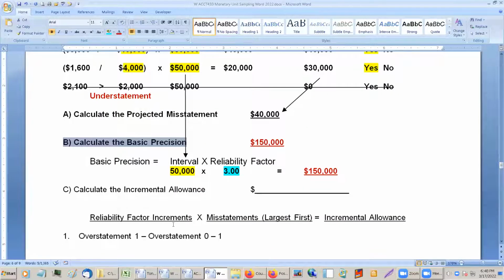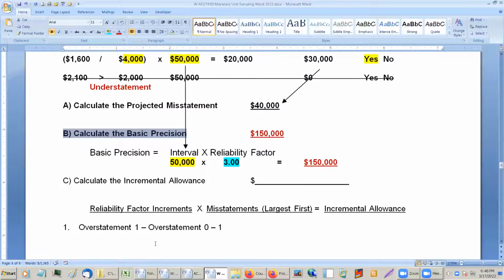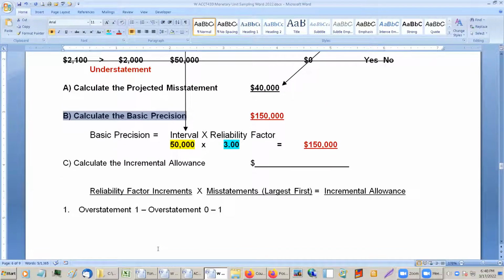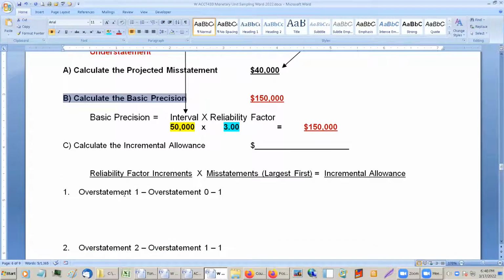Next thing we need to go to is the craziest thing we'll ever cover in this class. Incremental allowance. Overstatement 1 minus overstatement 2.